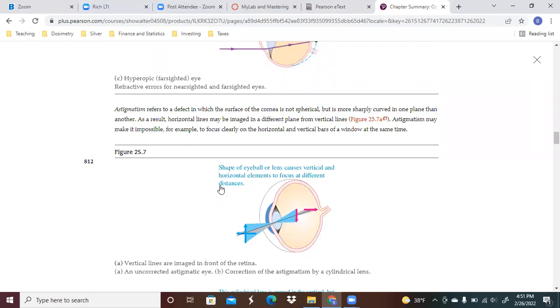Astigmatism refers to a defect in which the surface of the cornea is not spherical, but is more sharply curved in one plane than another. So the horizontal lines may be imaged in a different plane from vertical lines, and that may make it impossible to focus clearly on the horizontal and vertical bars of a window at the same time.